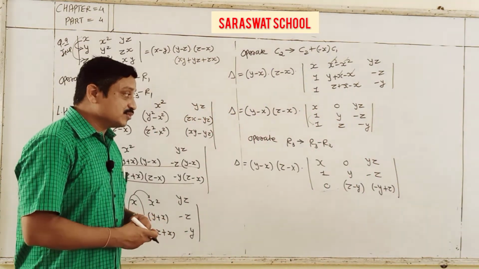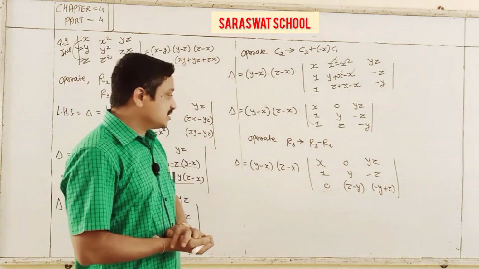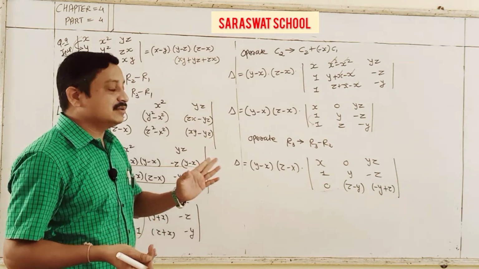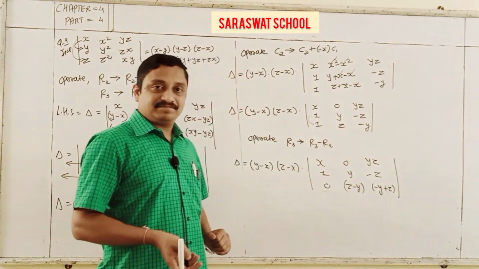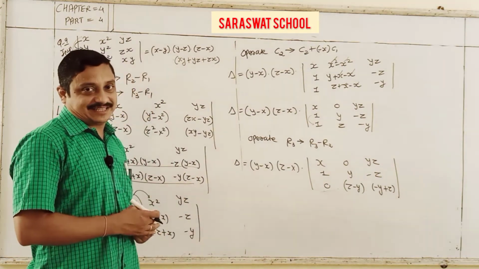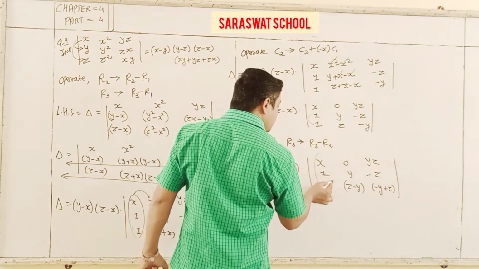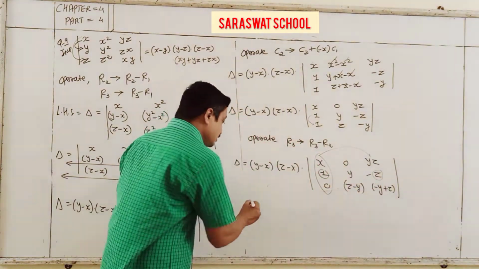Now 2 zeros are possible. Now try for a third zero. I think it is not possible here, so I will go to the final expansion. Either multiply these with z and add there, then z and minus z cancel there, and you get the final answer. So I will make more zeros. Multiply this 1 and this z to create 0. So operate.